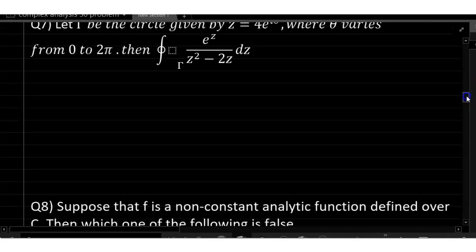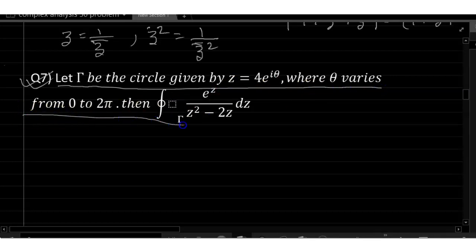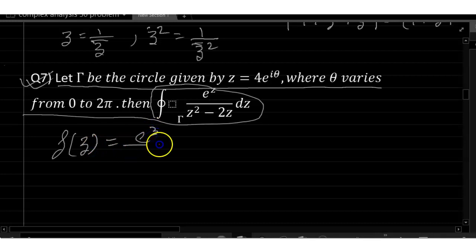Next, let gamma be the circle given by z equals 4 e to the power i theta, where theta varies from 0 to 2 pi. Then this is the value we have to find out: the integral of e to the power z over z square minus 2z. So friends, how can I find it? My f(z) equals e to the power z divided by z square minus 2z.